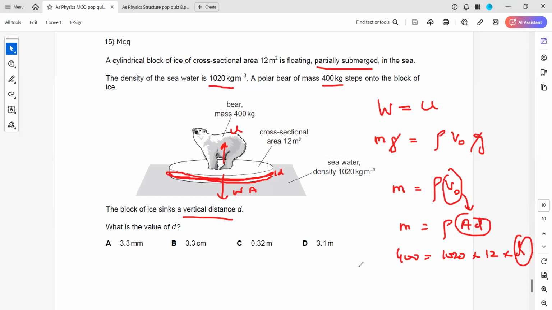So we just simplify. It will be 400 divided by 1020 times 12. So what's the answer? 400 divided by 1020 times 12. How much in terms of meters? So 0.3 meter.